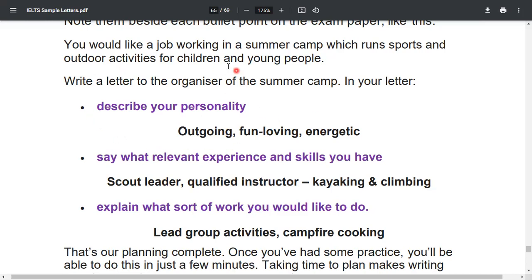For the first question, describe your personality, I'm going to describe myself as outgoing, fun-loving, and energetic. For the second, say what relevant experience and skills you have, I'm going to mention that I am a scout leader and a qualified instructor in kayaking and climbing. And for what sort of work you would like to do, I'm going to lead group activities and campfire cooking. So I'm interested in these two sorts of work.